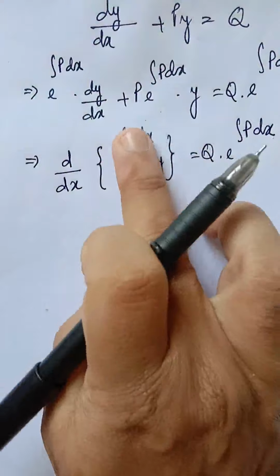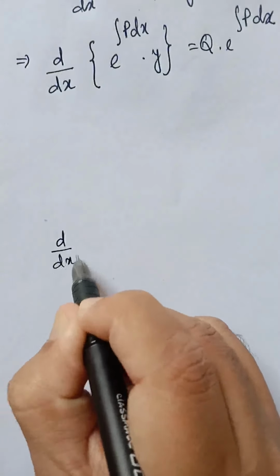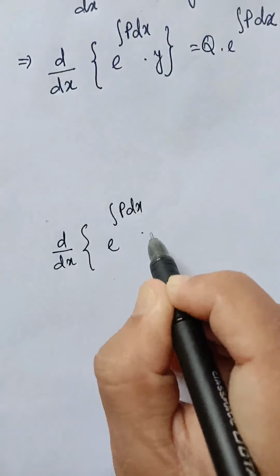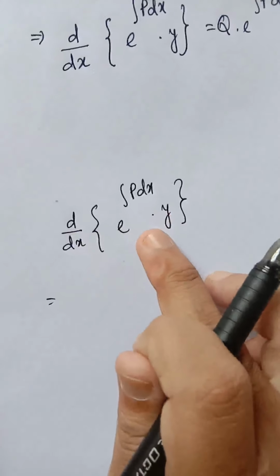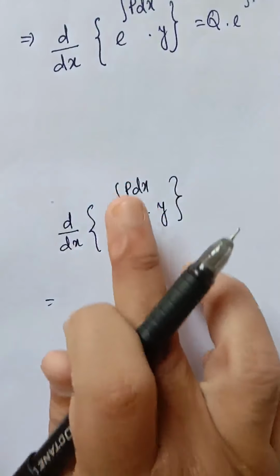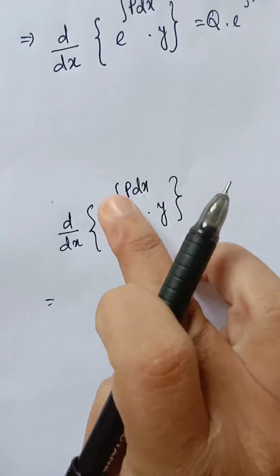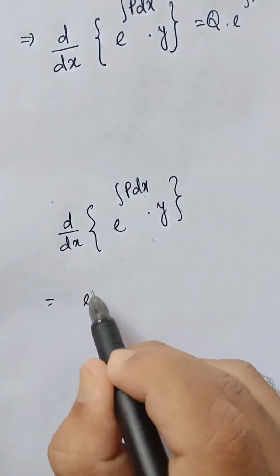Let us find the derivative of this part. I am showing how to find the derivative of e to the power integration of p dx into y. First, we have to apply the product rule. This is of the form e to the power x. Derivative of e to the power x is e to the power x.